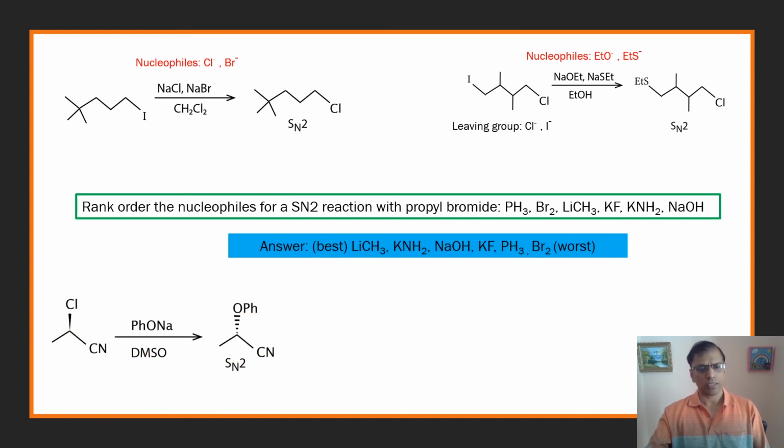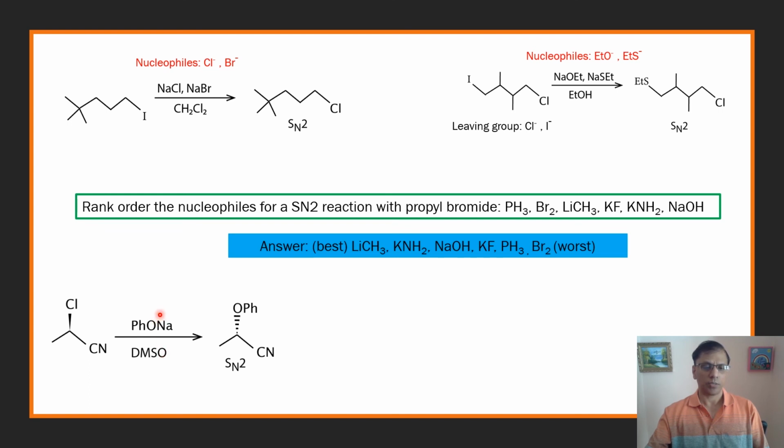So let's look at another example. In this particular case, you have 2 leaving groups, chloride and cyanide, and you have sodium phenoxide. Ph is the benzene ring. The negative charge on oxygen is right here.